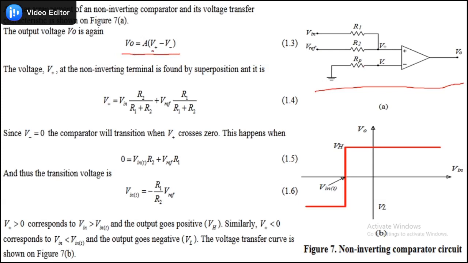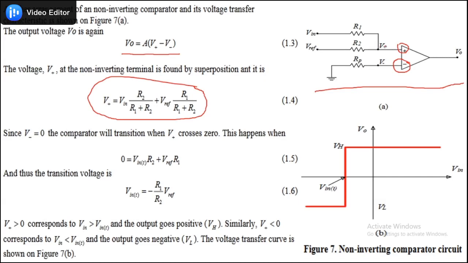V0 is equal to A(V plus minus V minus), where V plus is the voltage at the non-inverting terminal and V minus the voltage at the inverting terminal. So before jumping to any conclusion, we have to figure out the exact value of V plus. For that you will apply the basic voltage divider rule. What does voltage divider say?